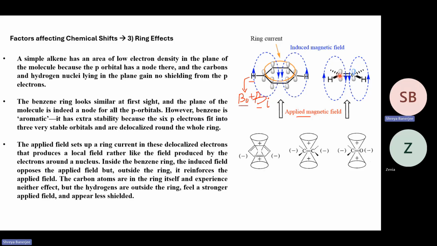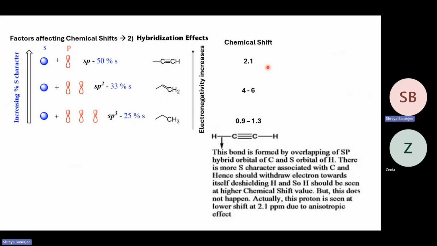Similarly, the hydrogen attached to the double bonded carbon of the alkene is also experiencing a net field B0, the applied field, plus Bi, the induced field. So it is experiencing a net greater field, and so it will be more downfield shifted. This can explain this anomaly. So one of the factors that explain this anomaly is that this hydrogen is attached to a double bonded carbon.